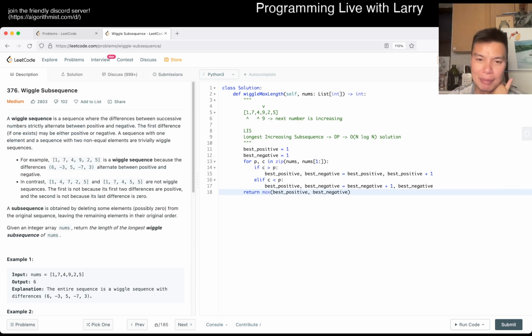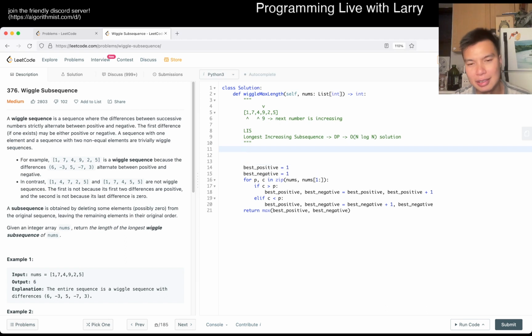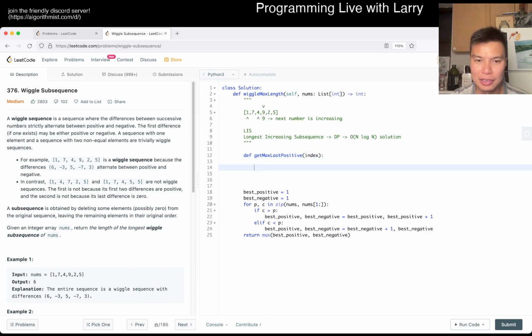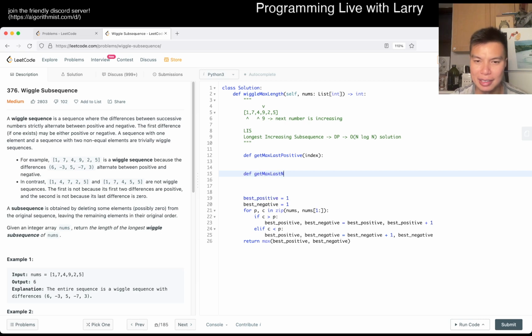But first of all, this is dynamic programming. And the way that I would maybe think about it, instead of writing it this way, is maybe we could rewrite it really quickly. Because the way that I would write it a little bit is, let's say get max where the last delta is positive, with an index, and then you also have another one, get max last negative.